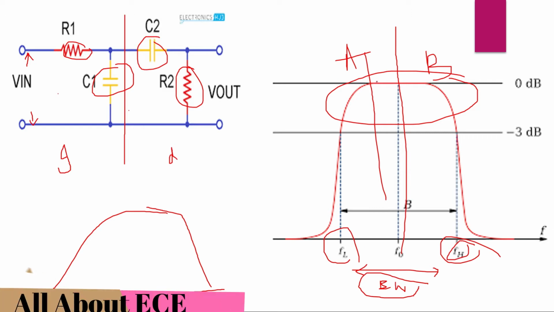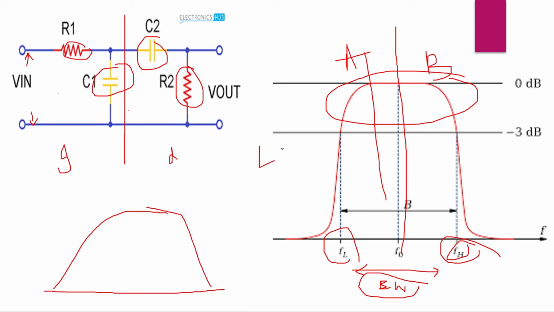So this is the mid band frequency. This we call the lower cutoff frequency, FL, and FH we call the higher cutoff frequency.